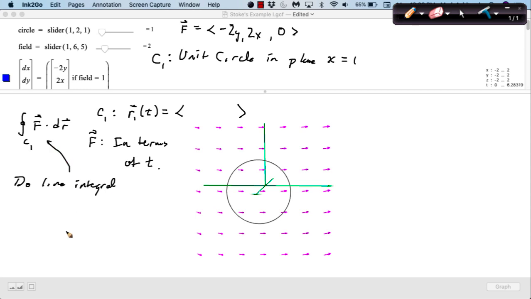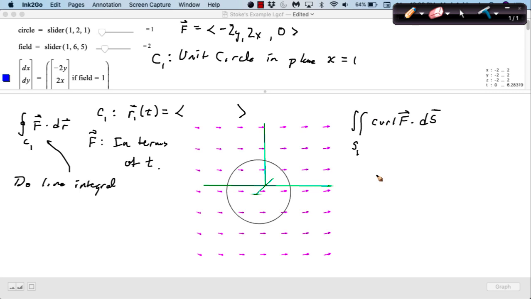All right. So then, what about the other side of Stokes' theorem? That says that circulation of f is the same as the flux of the curl, right? The flux of the curl. So we need an S that has C1 as its boundary.